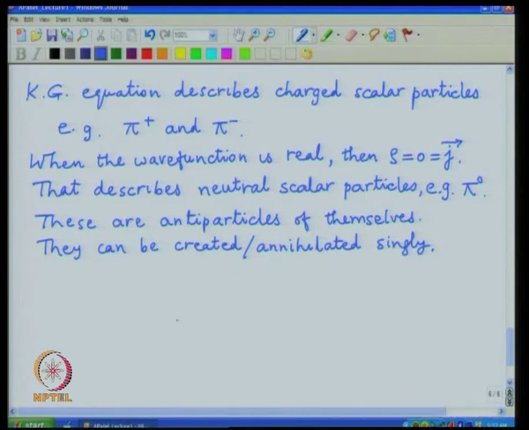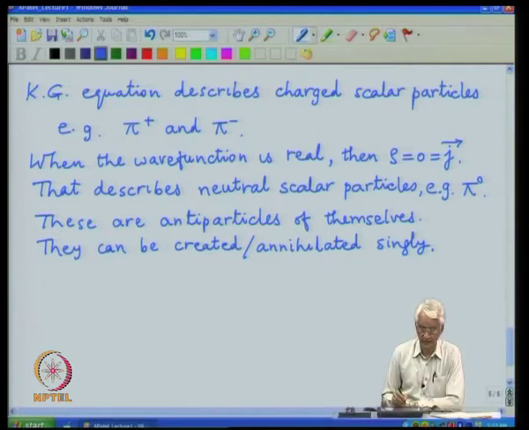Now, let me look at the same equation in a slightly different framework, where I am going to separate the particle and antiparticle degrees of freedom by hand, and that makes some things more obvious, in the sense that the connection between the relativistic framework and its non-relativistic limit is a little bit easier to understand.